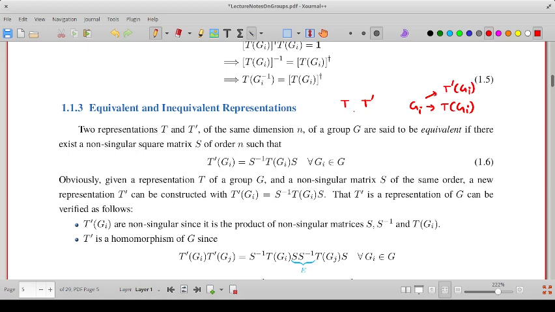Now these two representations are said to be equivalent representations if there exists a non-singular matrix of the same order as this representation, same dimension as this representation.